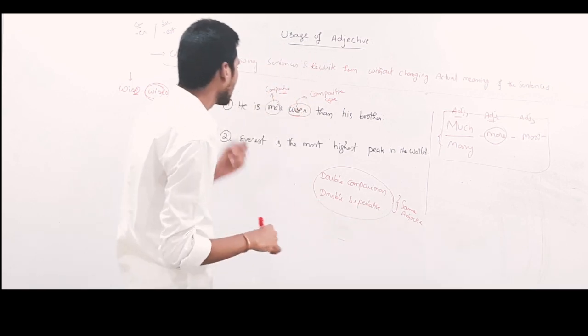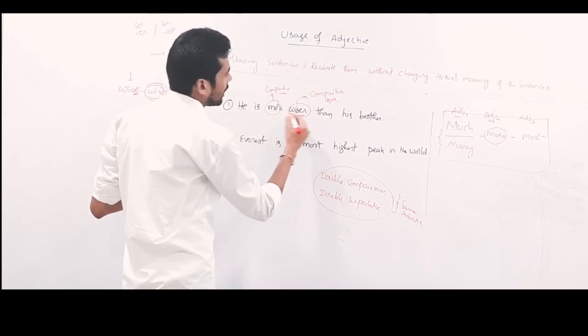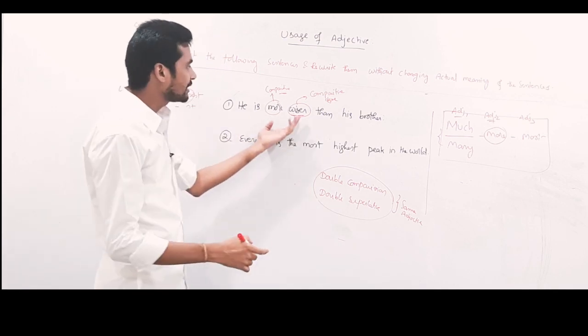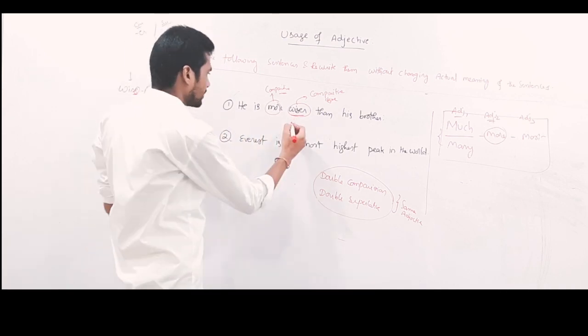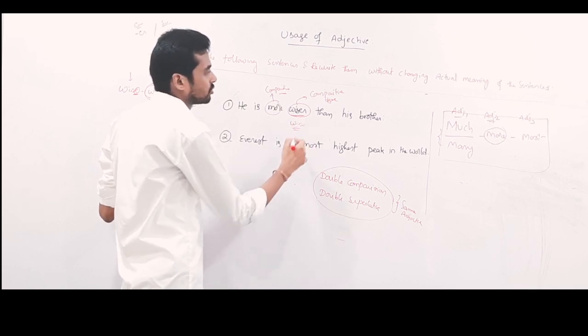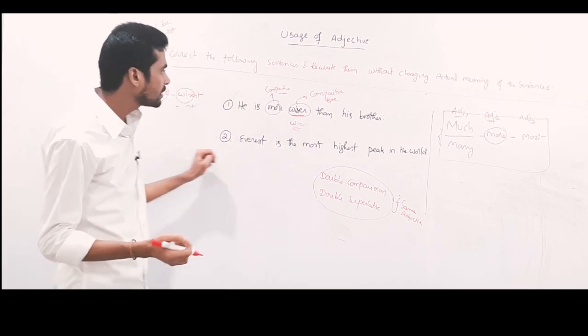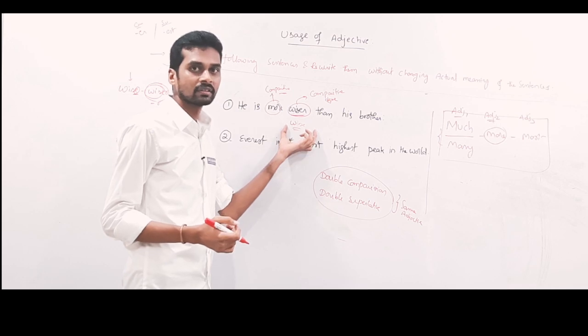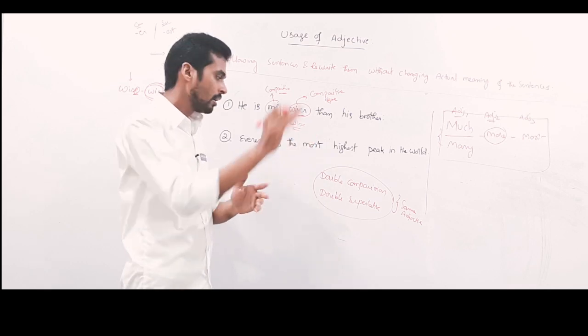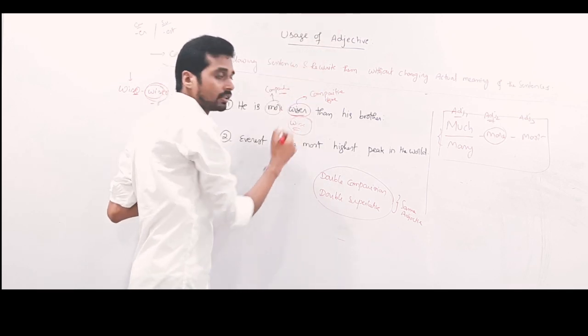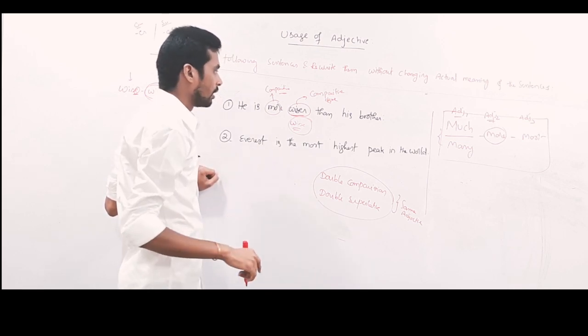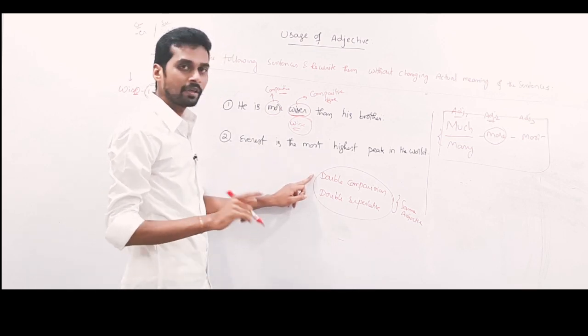Which means that, see, what is the adjective here? Here the adjective is wise. You want to say that he is wiser than his brother. So the main adjective here is wise. When you say something, you have only one adjective here, that is the main adjective. So double comparison should not be used.